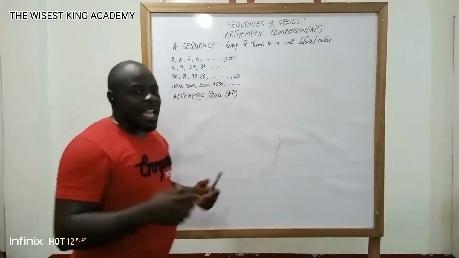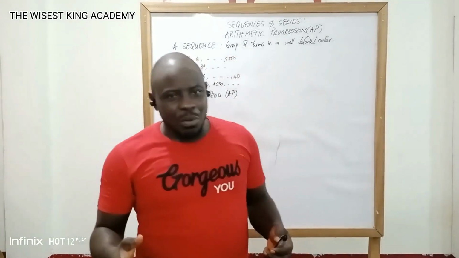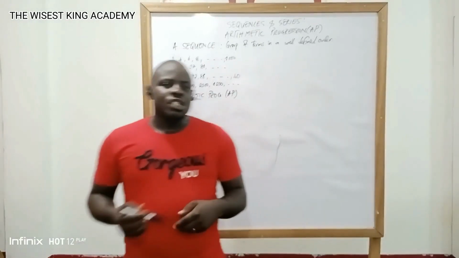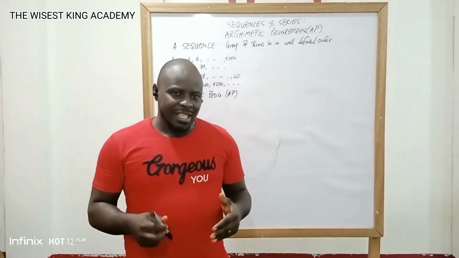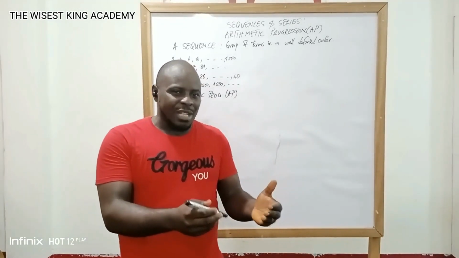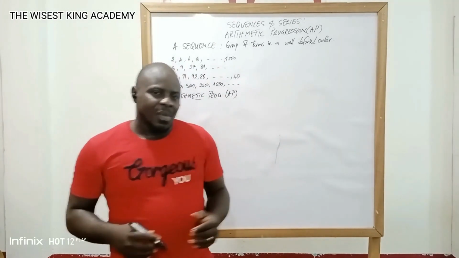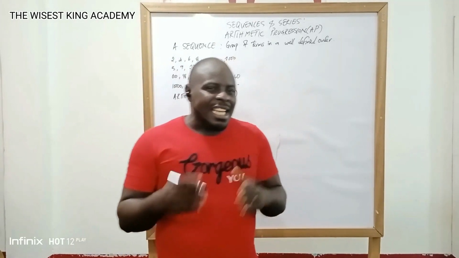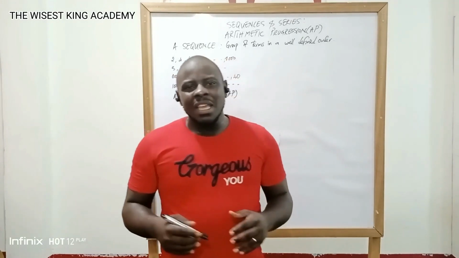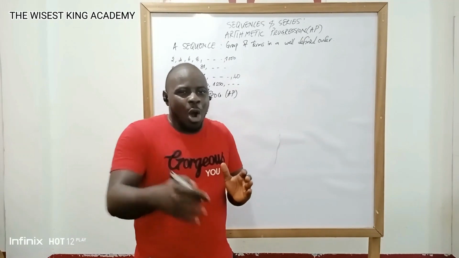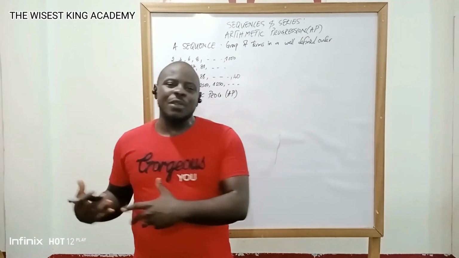Now, a sequence is an arithmetic progression, or an arithmetic sequence is a sequence in which the next term is obtained by adding a constant number to the previous term, which is called a common difference. I repeat, a sequence is an arithmetic progression if the next term is obtained by adding a constant number called the common difference to the previous term.